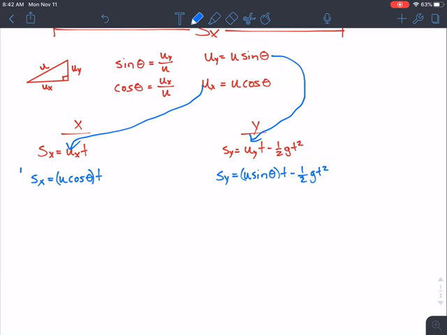Now these two equations become very, very important.